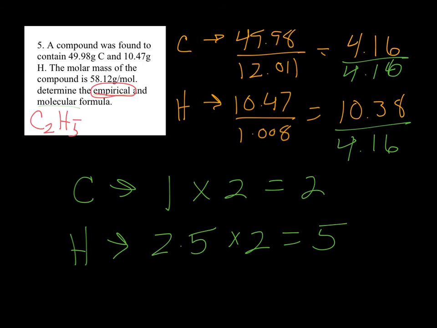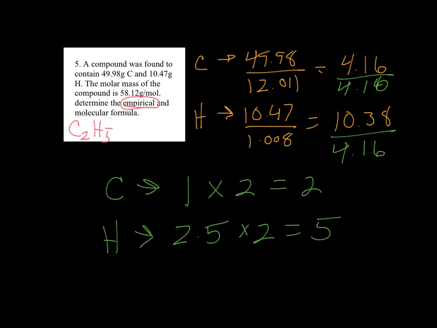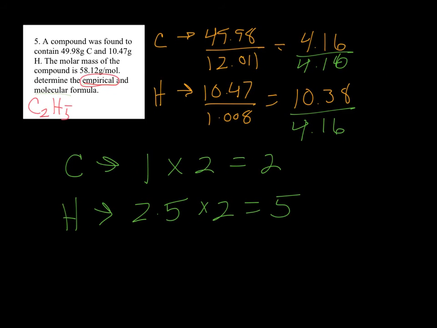So in order to find the molecular formula, I have to know the mass of my empirical formula. So to find the mass of my empirical formula, I first have to take the mass of carbon, 12.011, and multiply that by 2 because there are 2 of them.